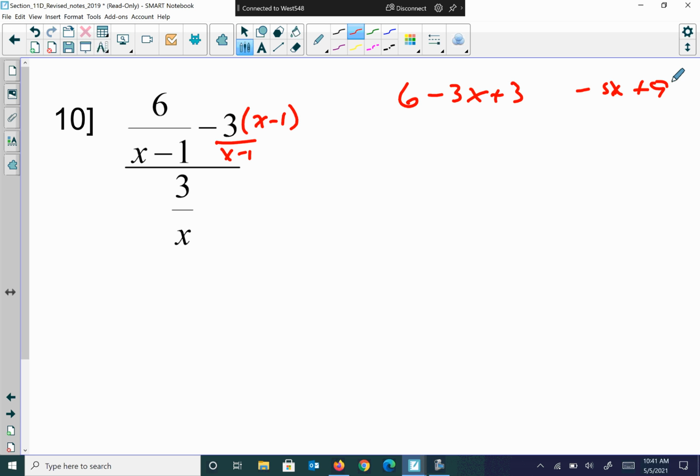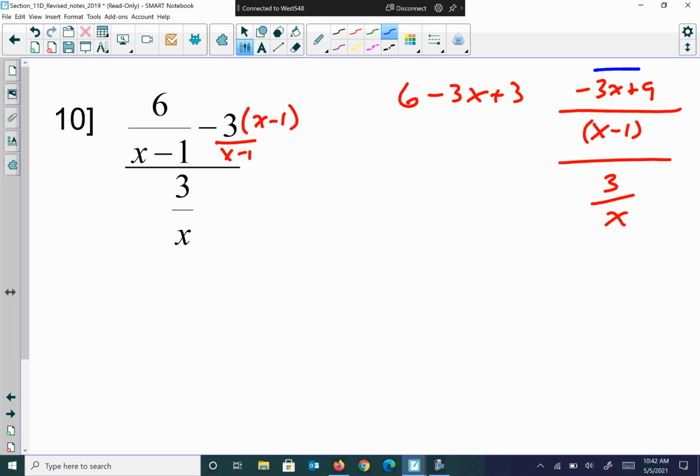Okay, I know I can write better than this, and I apologize. Okay, that will factor, we'll deal with that in a moment. And this is over x minus 1. I'm going to put that in parentheses because it is already factored. Over 3x.